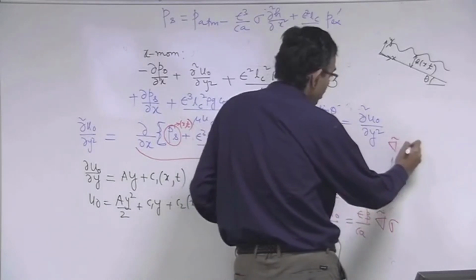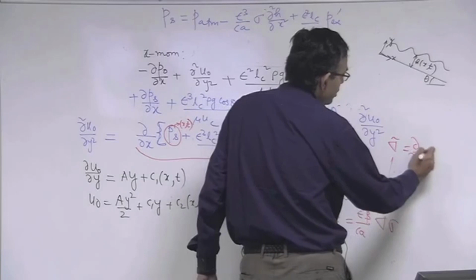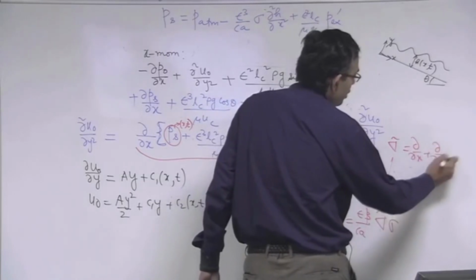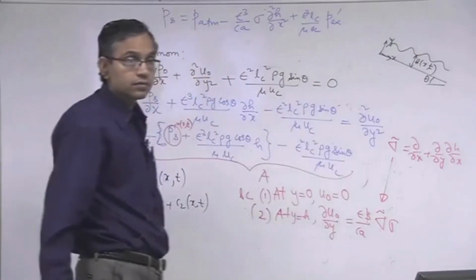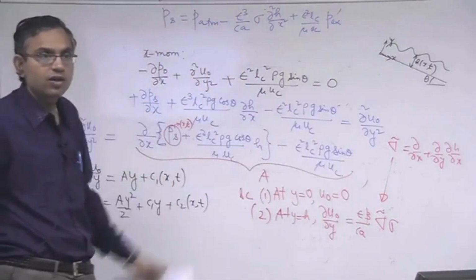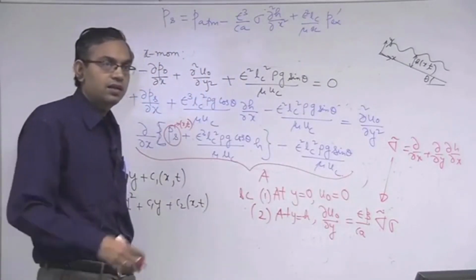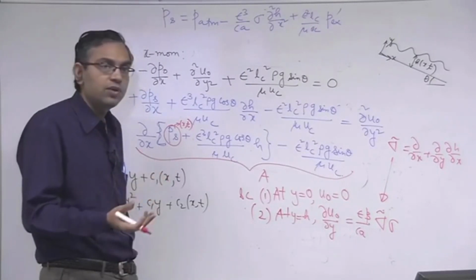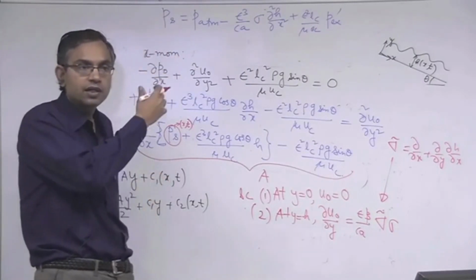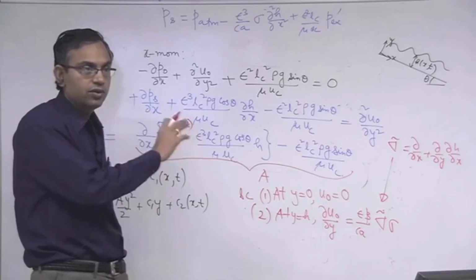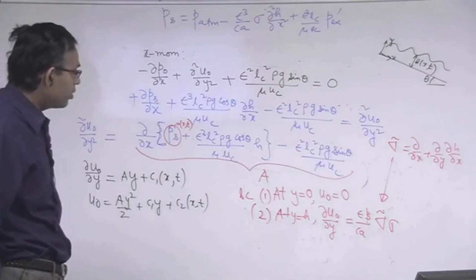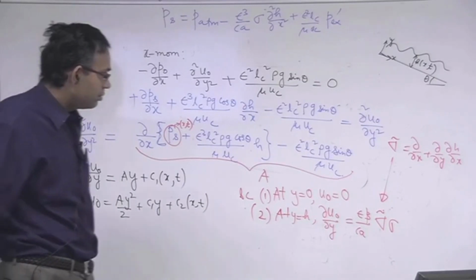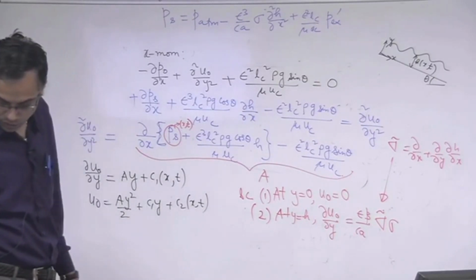If you recall, this is del del x plus del del y into del h del x. We have discussed all this, it is not necessary that every time we go back to where we started discussing, so I am just giving you the summary. So we need to calculate C1 and C2 based on these conditions, which we will do in a moment.